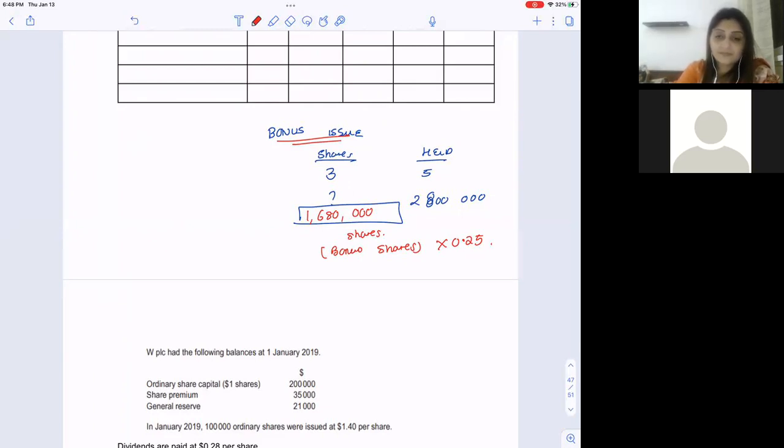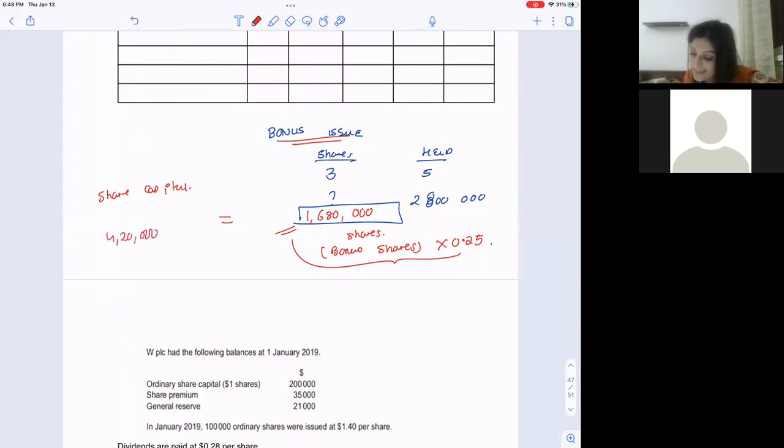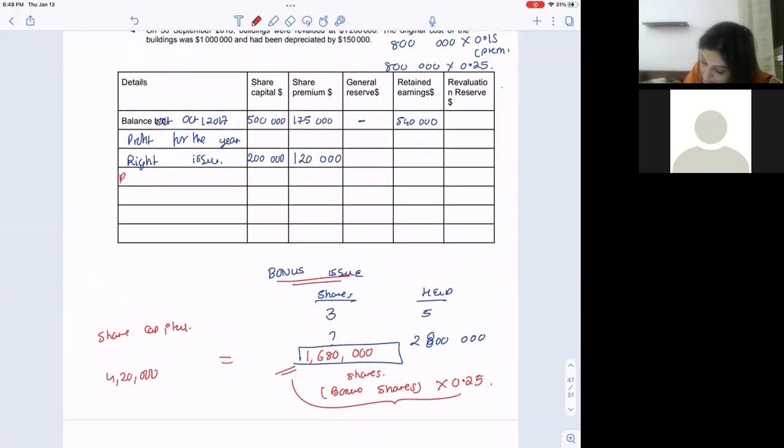How much is it? 1,680,000. Then these many shares we have got, multiply by 0.25, and the share capital will increase by that much. Okay. 420,000. So the share capital will increase by 420,000 and I will write bonus issue.